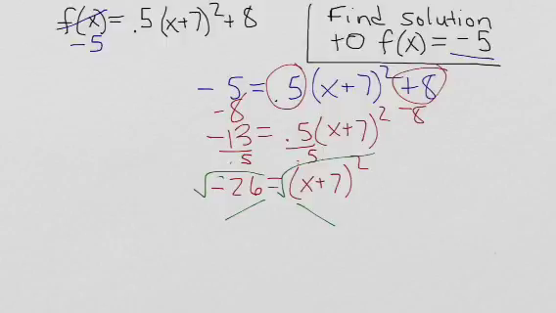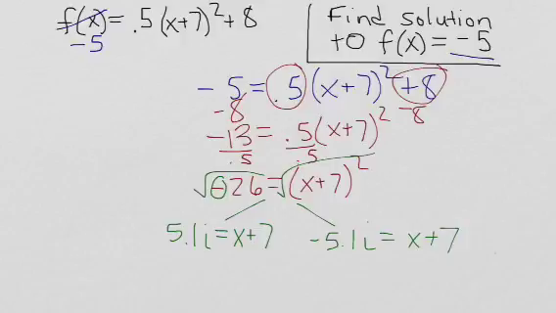But because of it being a negative, it's going to be 5.1i equals x plus 7, and negative 5.1i equals x plus 7.